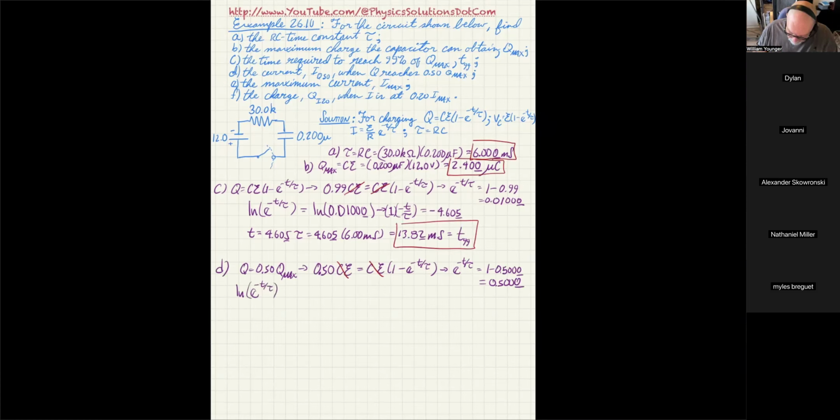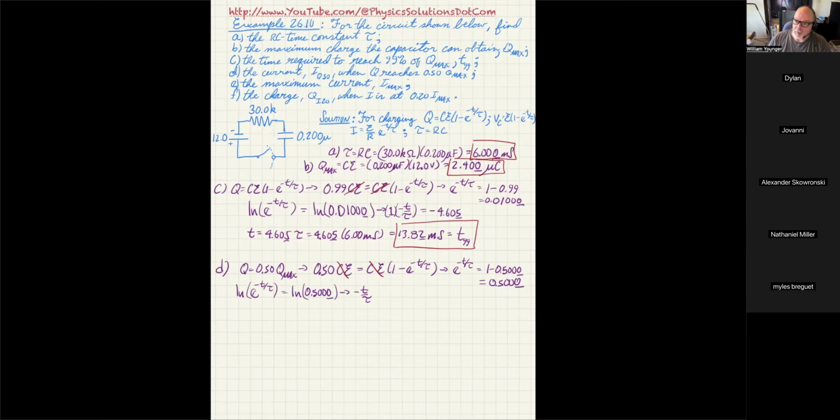Now I'm doing this because this is normally what students do, but there's a lot smarter way, and I'm going to tell you that in a second. But I'm taking the natural log of both sides. That gives me the natural log of 0.5000, and the left-hand side again becomes negative t over tau times 1, because the natural log of e is just 1.